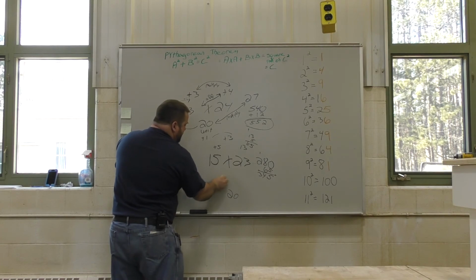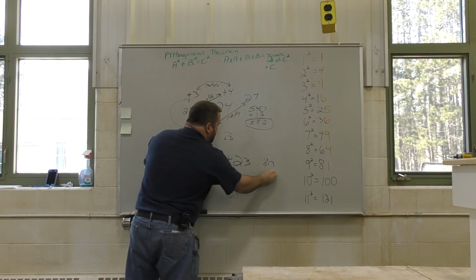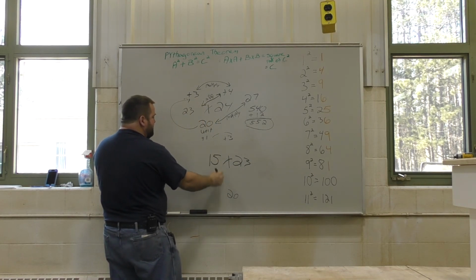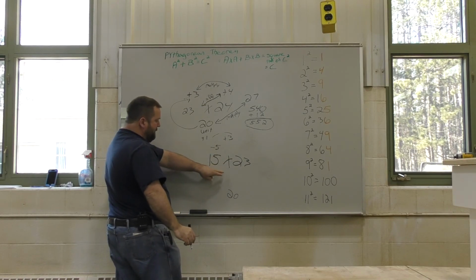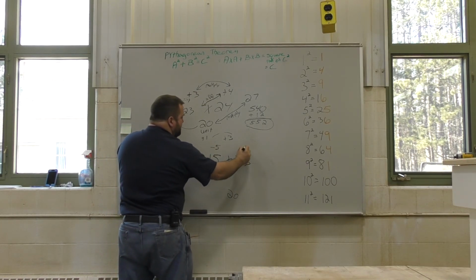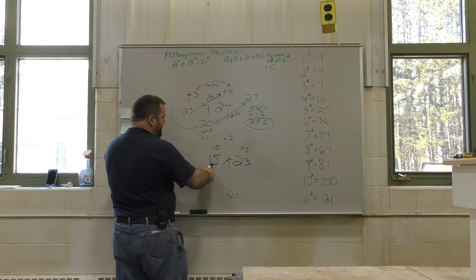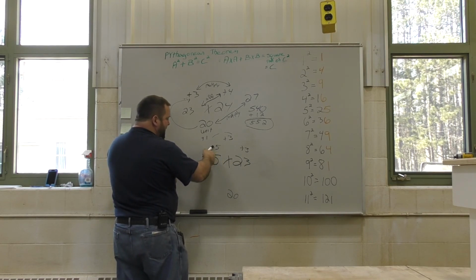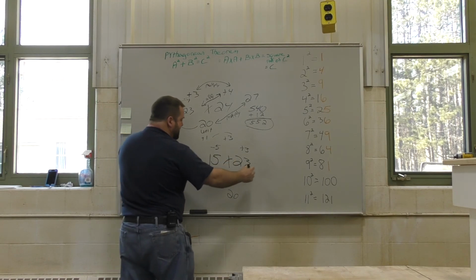You come up with 345. Well, what if we did it with a 20s unit? It might make it easier math, but now we have 20, 15 is 5 less than 20, and 23 is 3 greater than 20. So we're going to add those together. 23 minus 5, because it's a negative, is 18, or 15 plus 3 is 18.